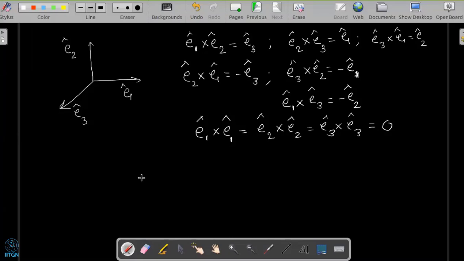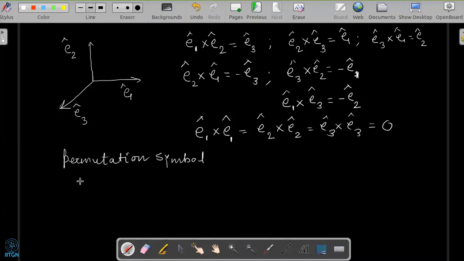Now, can we write this in indicial notation form? Is it possible? For that, we have to define a term which satisfies all these criteria, and there is a term known as the permutation symbol.